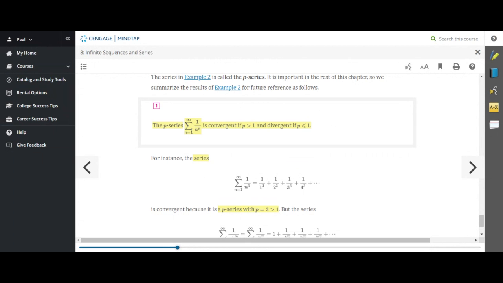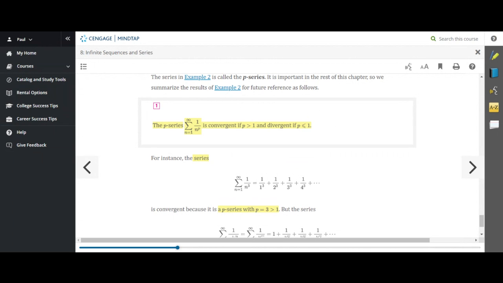okay, so the P series is a series where n equals 1 to infinity, but you don't have to start at n equals 1. You could start at n equals 100 and you'd still have a P series. The terms of the series are 1 over n to the pth power, and the series will converge if p is greater than 1, and it will diverge if p is less than or equal to 1.